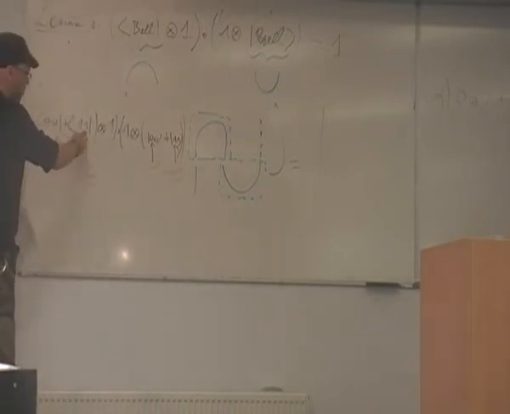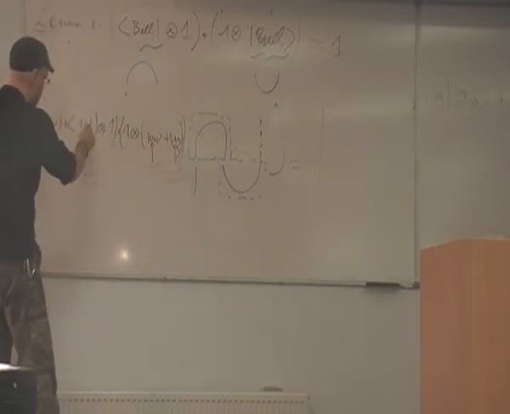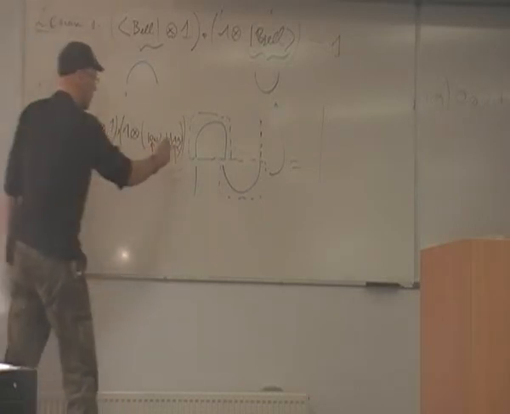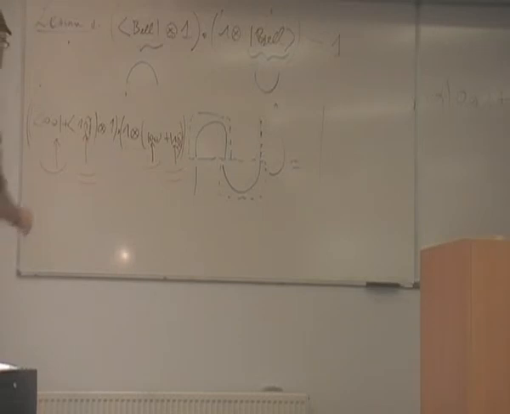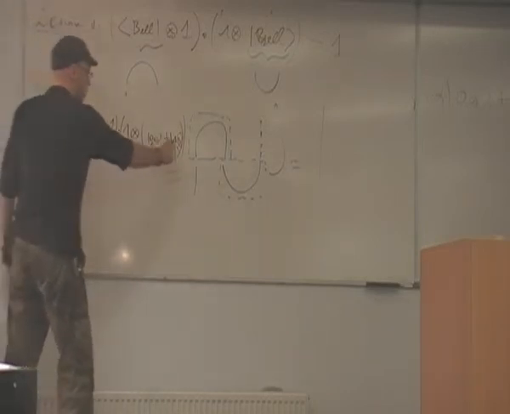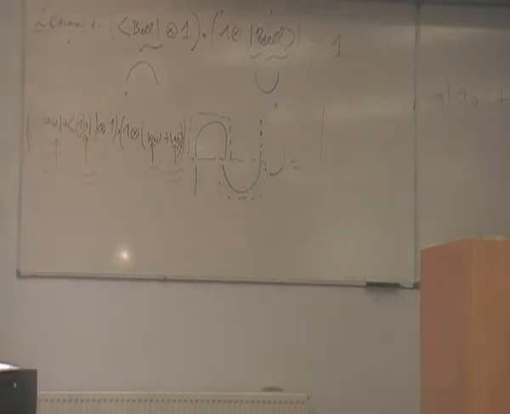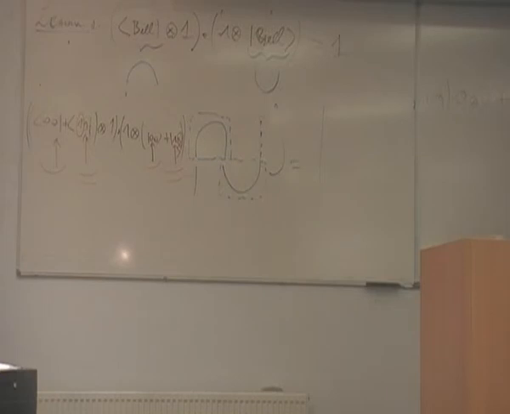This one multiplied with this one, then what remains is this thing together with this thing. This one together with this one. Now this is on the third system and this is on the first system. So they don't cancel out each other.